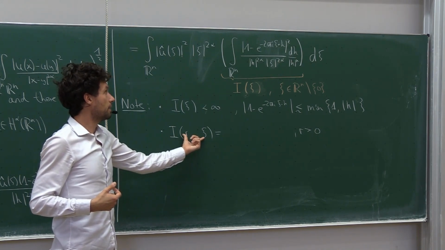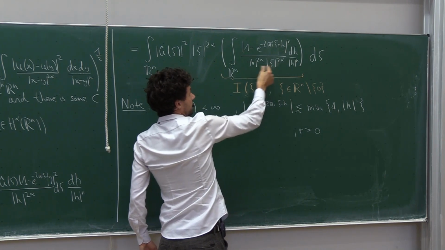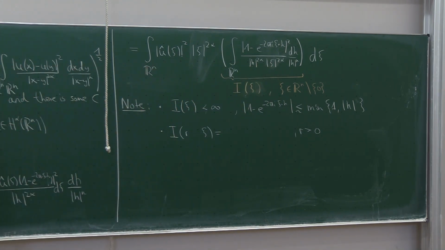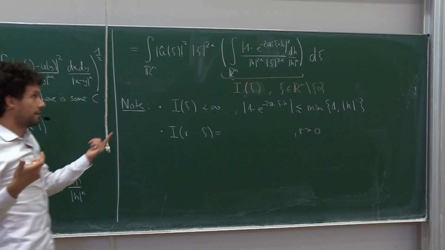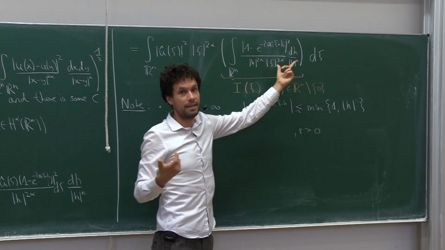Well, if I replace psi by r psi, then this gives me rh here. It gives me rh here. So I can do substitution. rh is equal to h prime. But then, because of integration with respect to this specific measure, nothing happens.